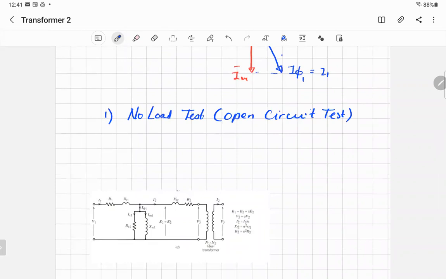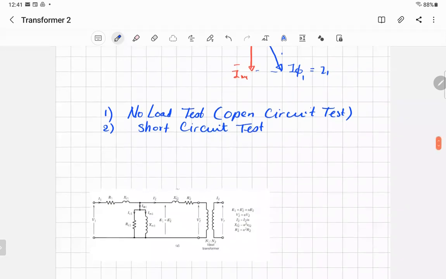And the second one is the short circuit test. Short circuit test means that you go to the secondary, make a short, and take the measurements. I'm going to explain it in detail, but these two tests will help you get all the parameters that you need.